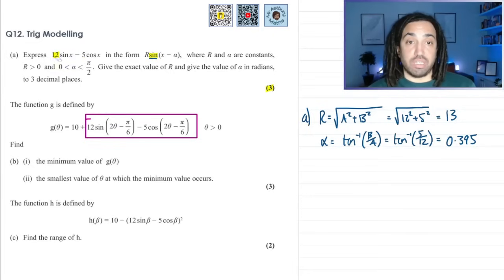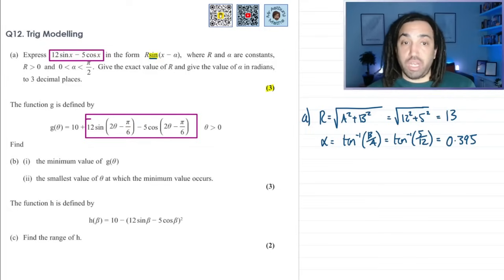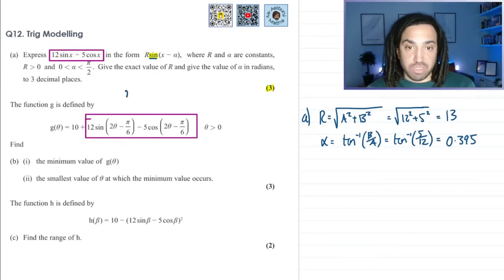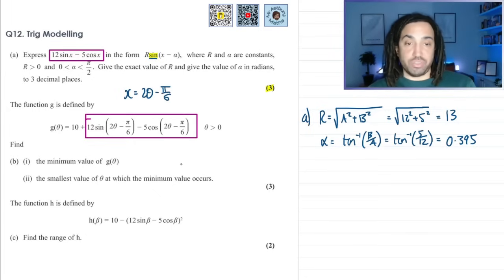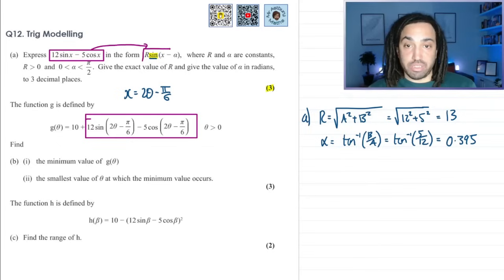So we have converted this, haven't we? Okay, so how do these differ? Well, they're exactly the same as long as x is the same as 2 theta minus pi over 6. And then these two purple boxes are identical. And we said that we could convert this purple box into this guy.